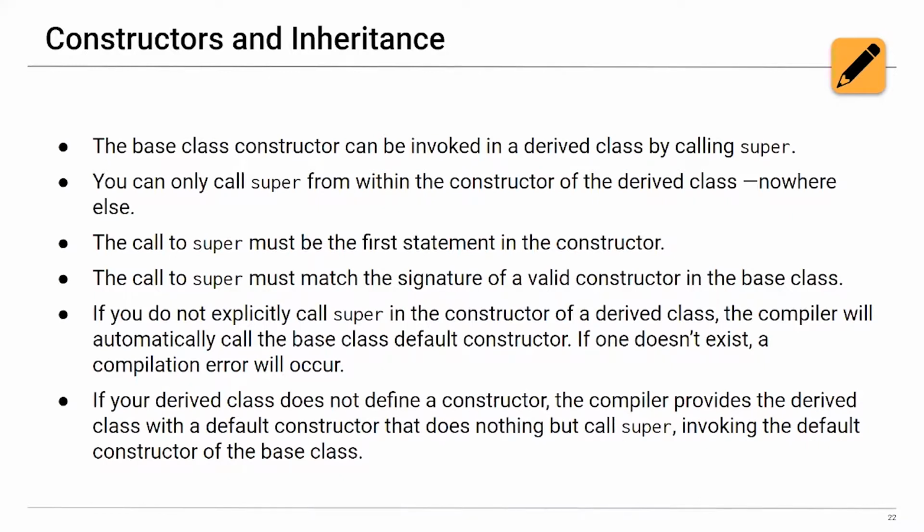If you don't explicitly call the constructor for mammal using super, Java puts in the default constructor, the one with no arguments. And if there's no constructor with no arguments defined on mammal, Java will say you're trying to call a constructor that doesn't exist. And that's point 4. So point 3 is it's got to be the first statement in the constructor. Point 4 is it must match the signature of a valid constructor in the base class.